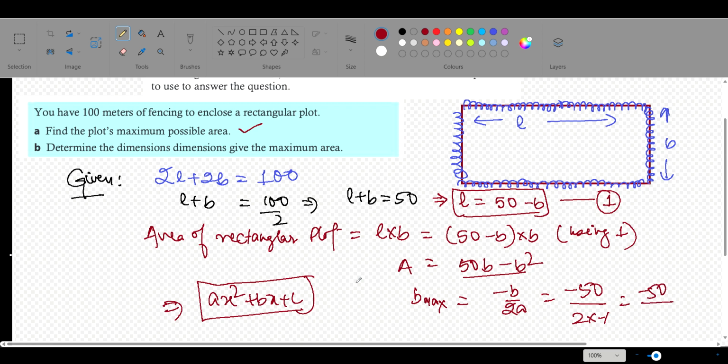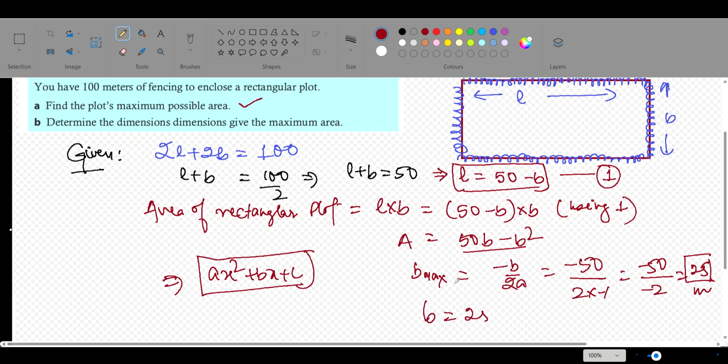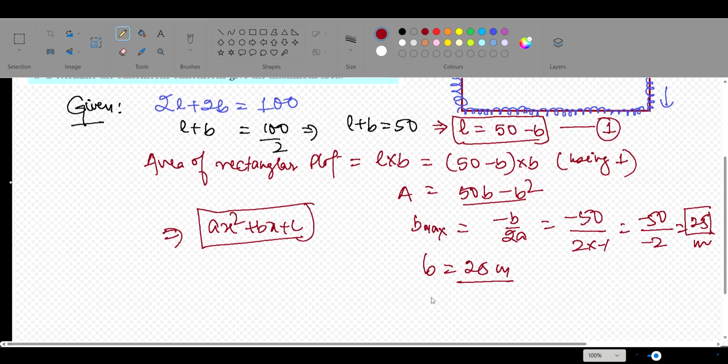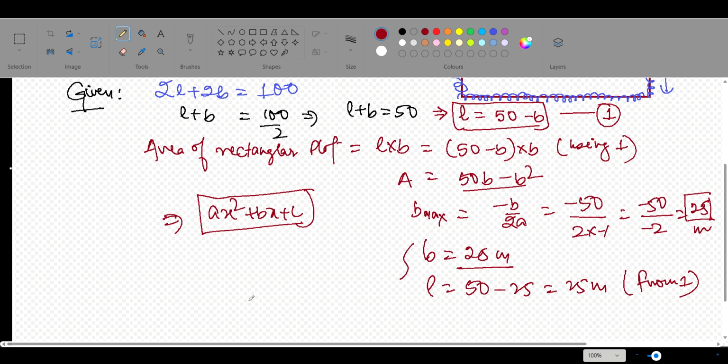So what I'm getting, negative 50 over negative 2, which comes out 25, right? So b, the breadth, comes out 25 meter. So what is the length then? If I just figure out the length from equation 1, the length would also be 25, because I'll subtract 25 from 50. That is 25 meter, right? These are the dimensions of the rectangle.